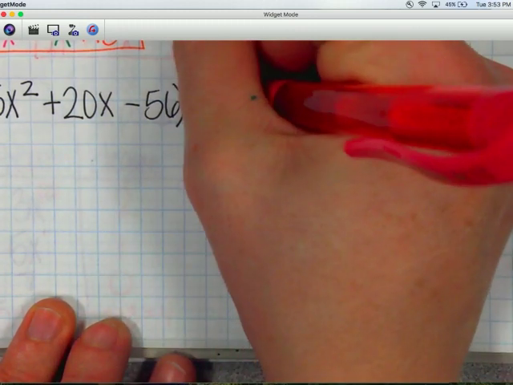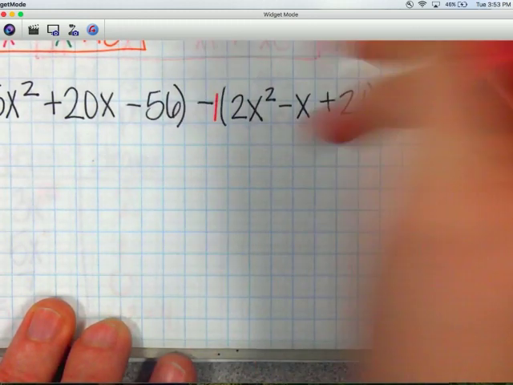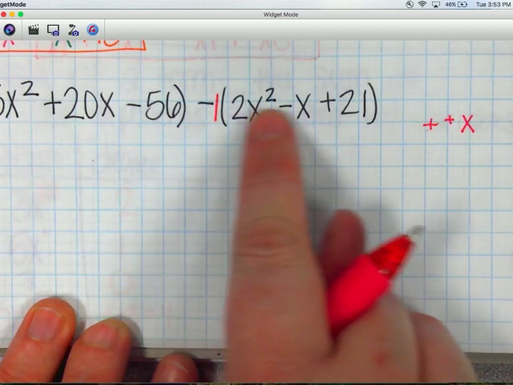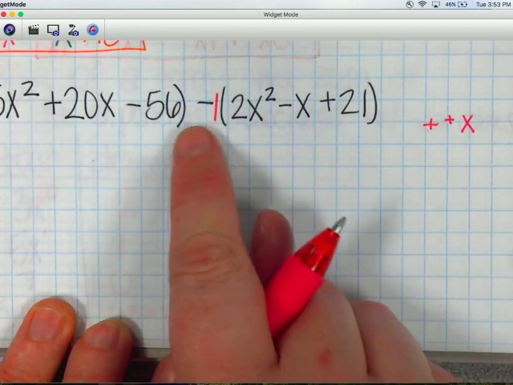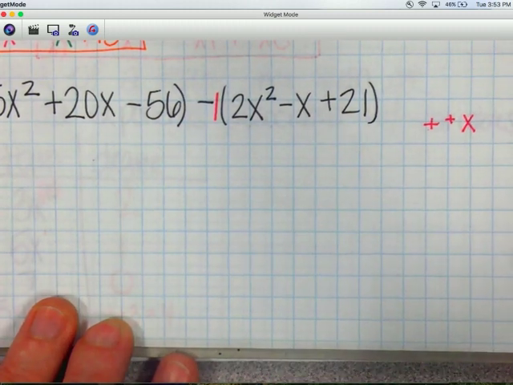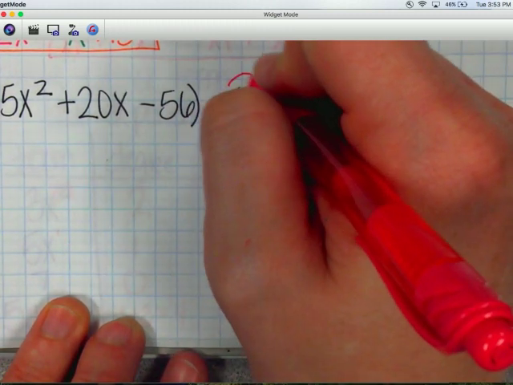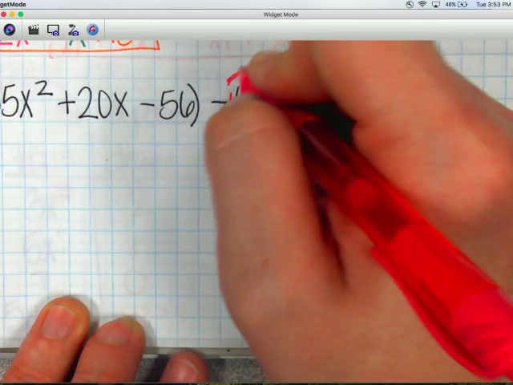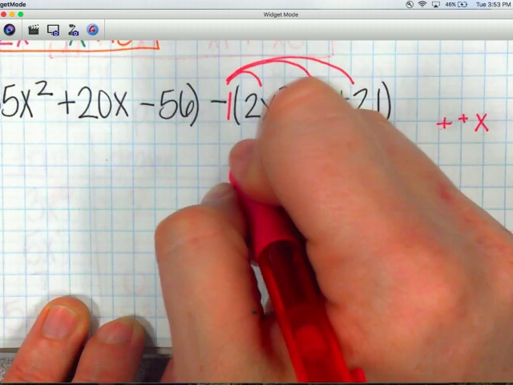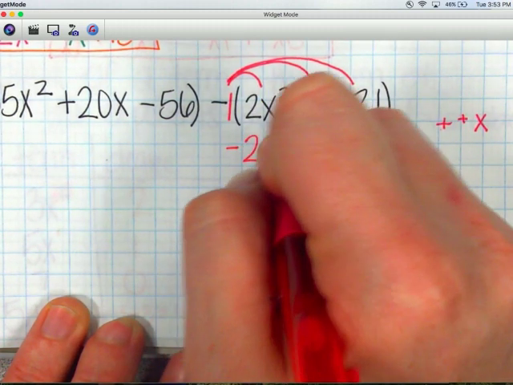It's also like there's a negative 1 times the 2x squared. So negative 1 times 2x squared, negative 1 times negative x. Well, a negative times a negative is a positive. It's whichever way makes more sense to you, but you're going to just distribute that negative in. So a negative times a positive 2x squared would be a negative 2x squared.